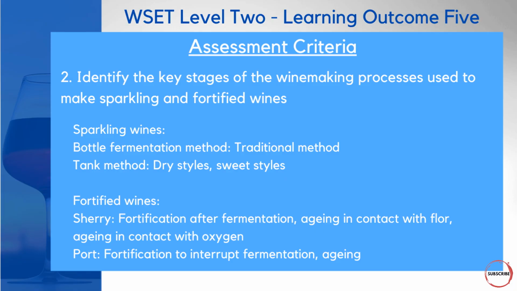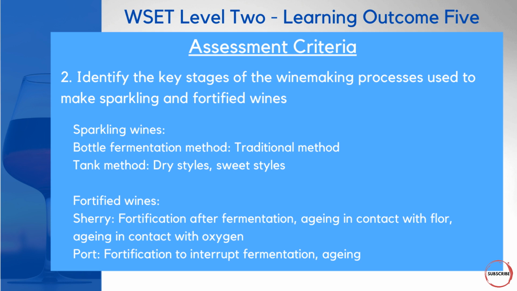And with a basic understanding of the grapes under our belt, let's move on to assessment criteria number 2, which is where you need to be able to identify the key stages of the winemaking processes used to make sparkling and fortified wines. So we're going to cover off both sparkling and fortified here, and when it comes to sparkling wines, we're going to be using the bottle fermentation method, also known as the traditional method, as well as the tank method, which can make dry and sweet styles.